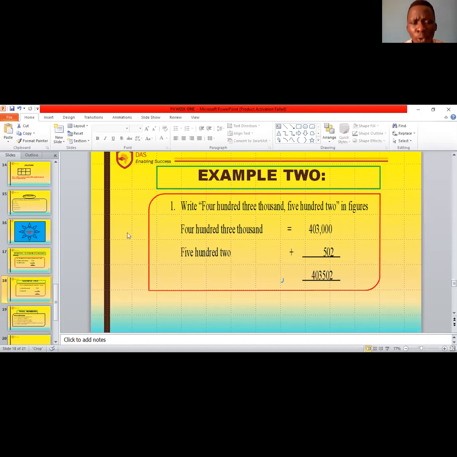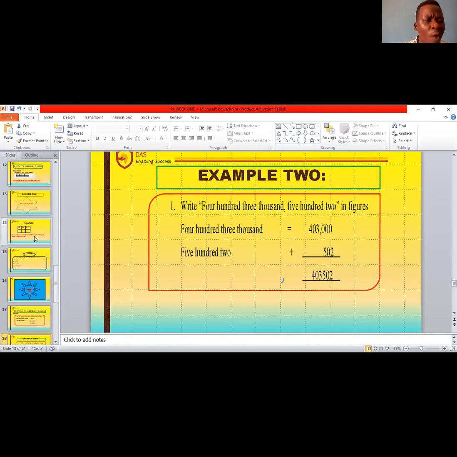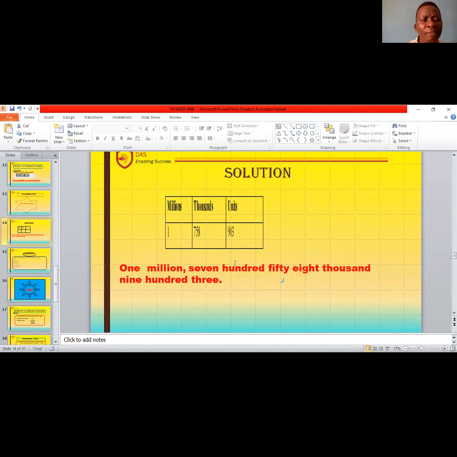Now, like I told you in the previous lesson of yesterday, when we are writing these digits in words, we have major units and minor units after every major unit, right? I've just taken you back a little. I'm not driving you off from today's lesson, but I want you guys to get a picture of this. You see this? We have major units.